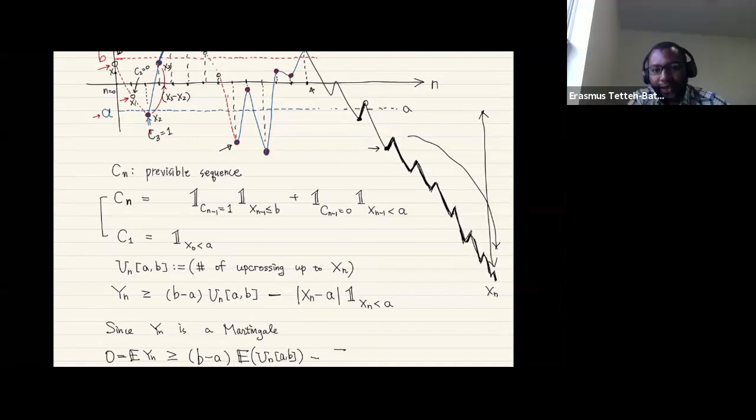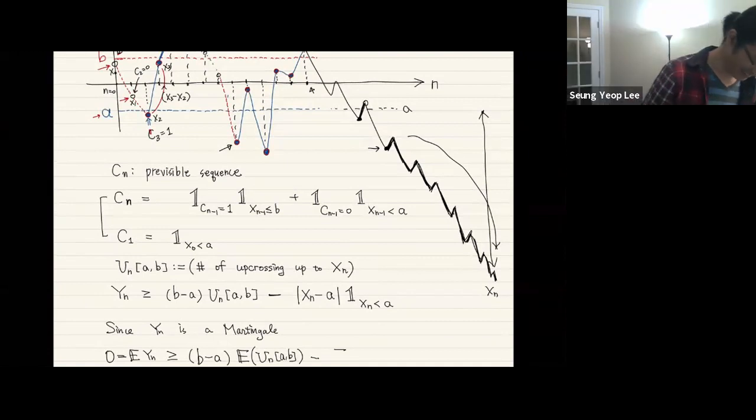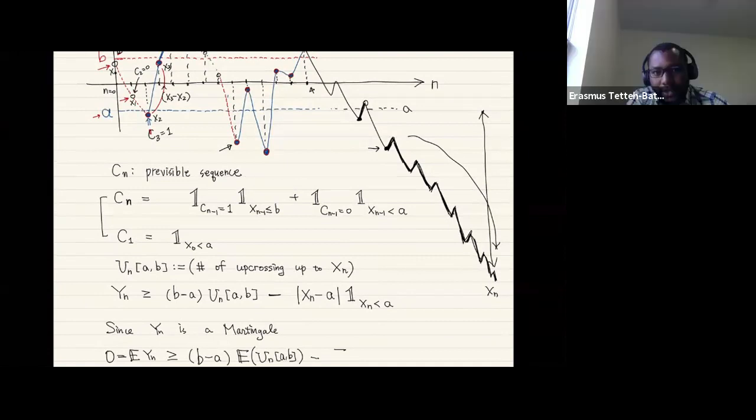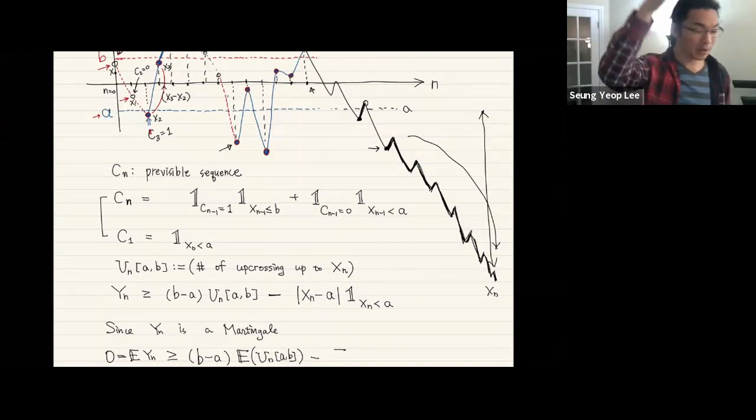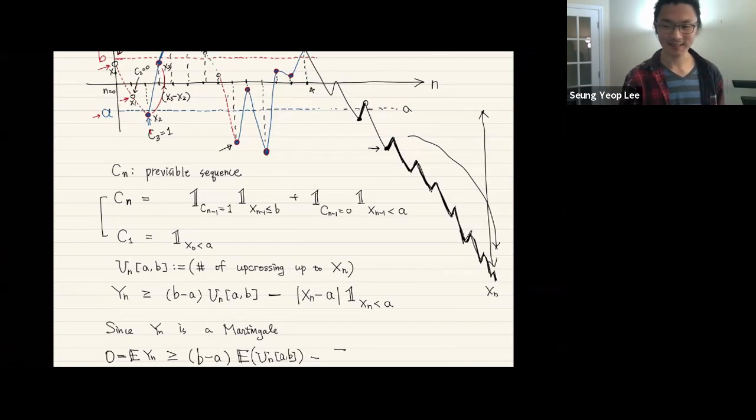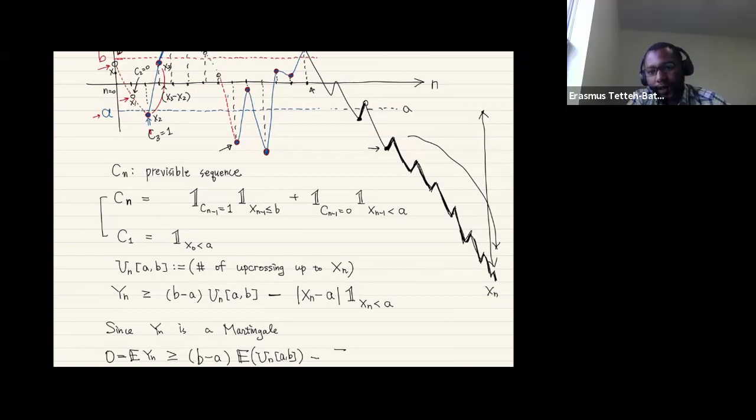I said just a little bit above A, we don't sell. It's still below B, so we don't sell. So when it comes down to XN, then we start losing.